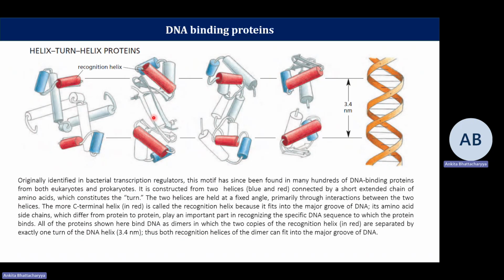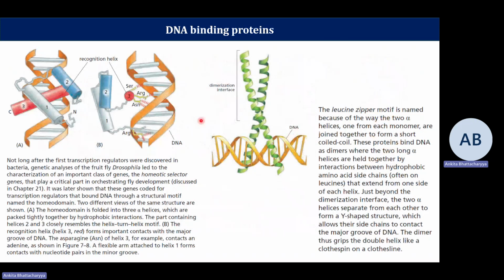So you would have one recognition helix binding at one major groove, and the next one binding at the next, so as to maintain the pattern, the order in which this binding actually occurs.